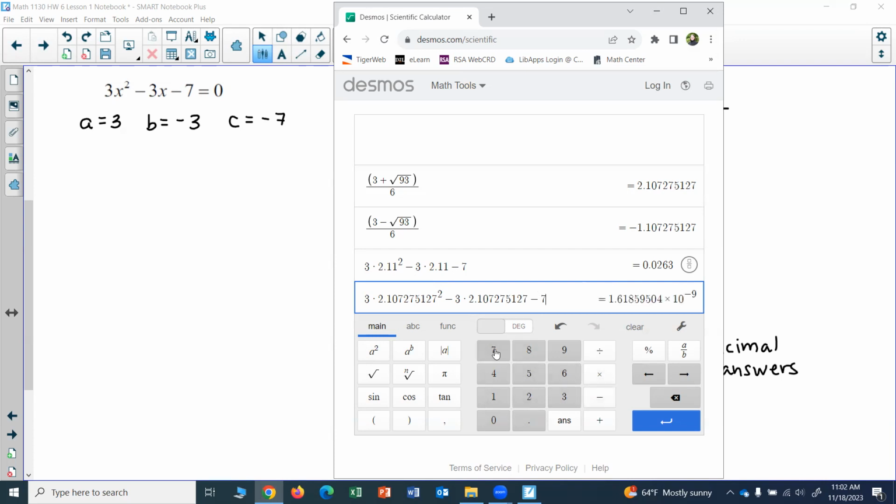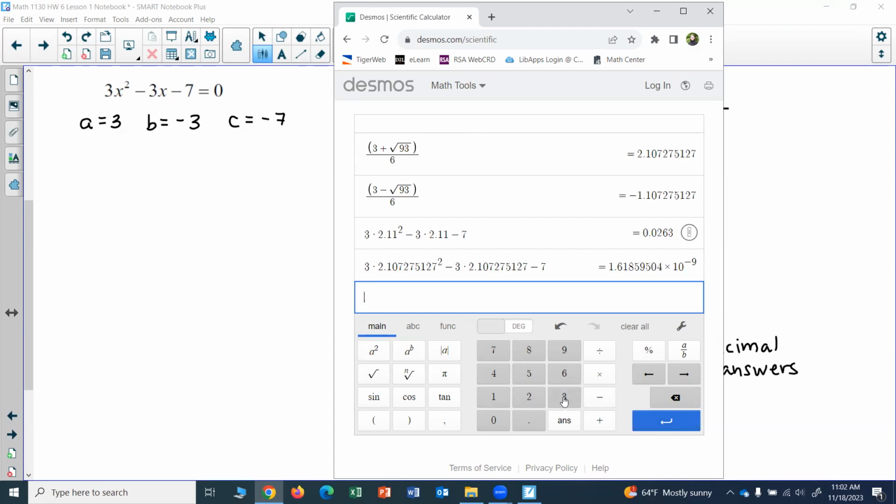And you can see that comes out even closer to 0. The 10 to the negative 9 in the scientific notation tells us that it's 0.000000000 before this non-zero digit starts. So this is close enough to 0 that I know I've got a correct answer.